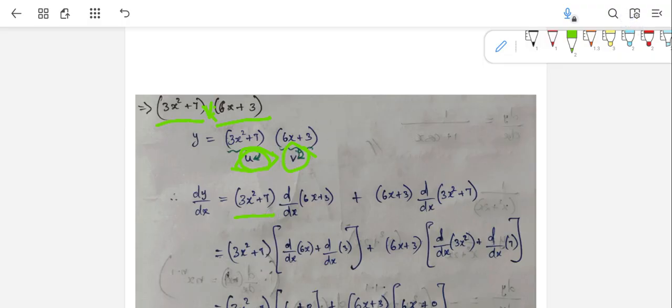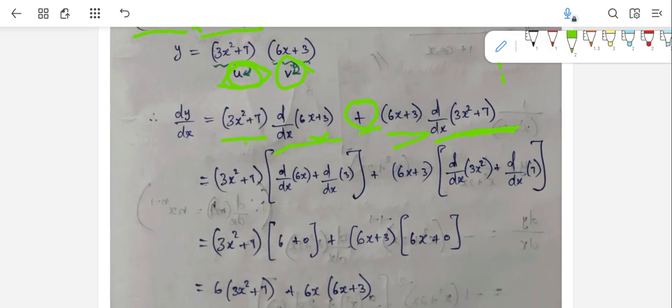Differentiate this v value, d by dx of 6x plus 3, plus what is there next in this formula? v u dash. So v value 6x plus 3 as it is, u dash d by dx of 3x square plus 7. So u v dash plus v u dash. That's it. From here you know. So this as it is you can keep till the end.